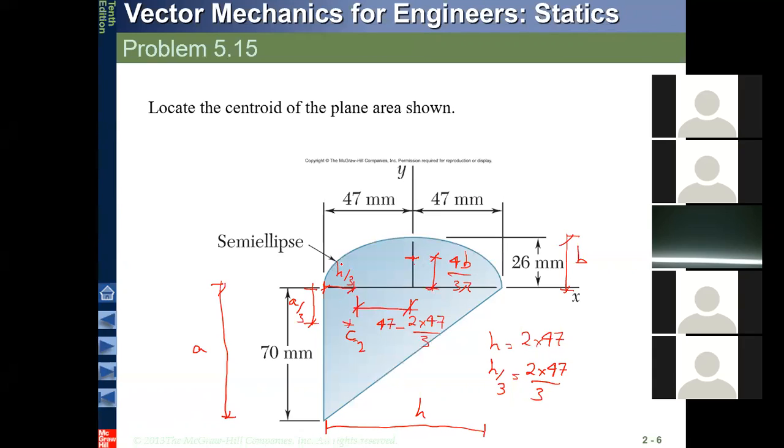So if it is going to be the height over 3 from the base, the centroid, the C2 point, it is going to be h over 3, and then the distance from the y-axis, which is actually x bar, this is x bar for the triangle.